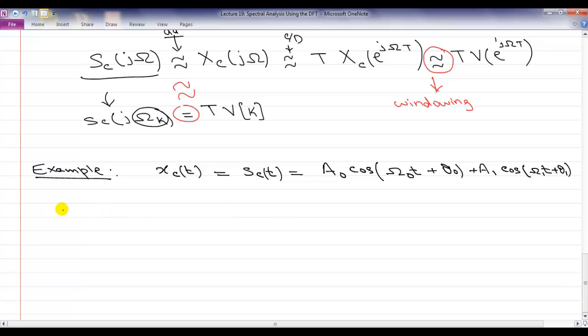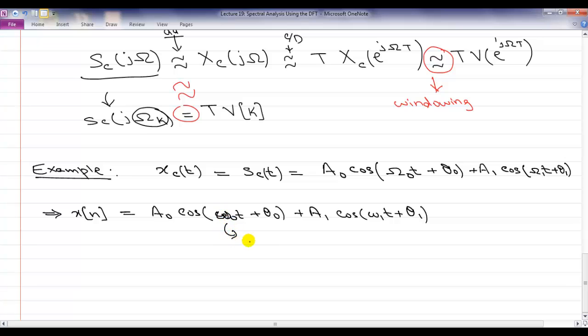So you sample them and you get x[n] equal to A0 cosine of little omega 0 n plus theta 0 plus A1 cosine of little omega 1 n plus theta 1, where this little omega 0 is simply capital omega 0 T, and this little omega 1 is simply equal to capital omega 1 T, the usual conversion.